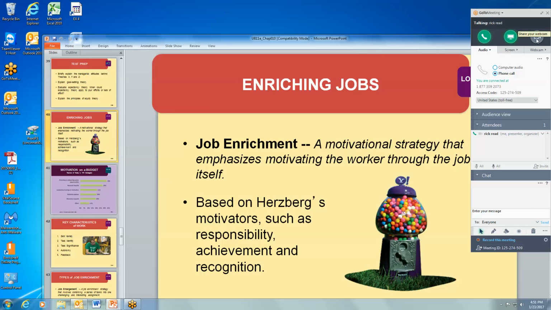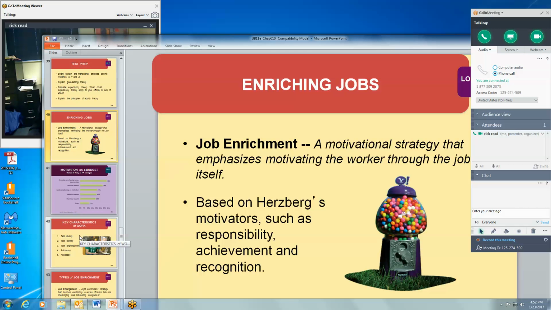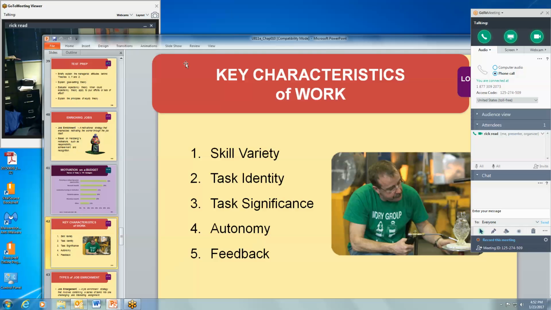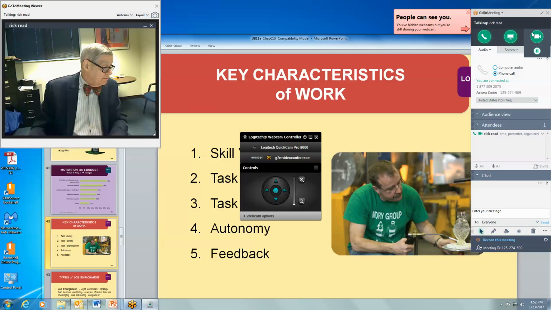When we think about enriching jobs along the lines of Herzberg's motivational strategy, remember that Herzberg's talking about enriching a person's job by the job itself, the achievement, satisfaction, etc. So these are key characteristics that we talk about here, motivating through job enrichment.